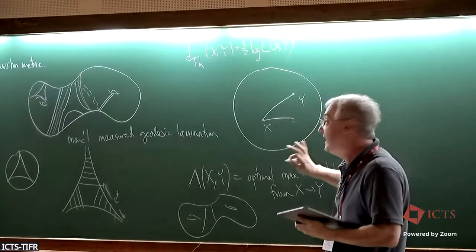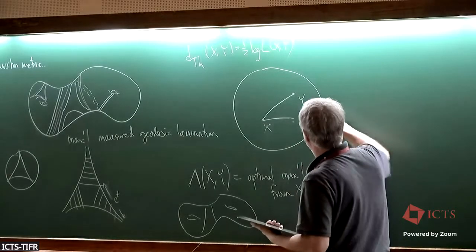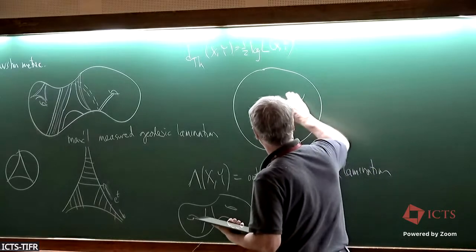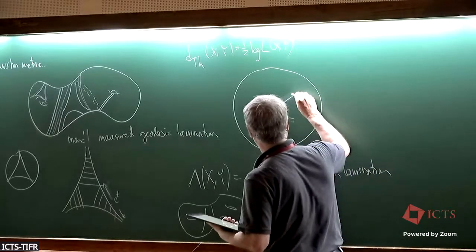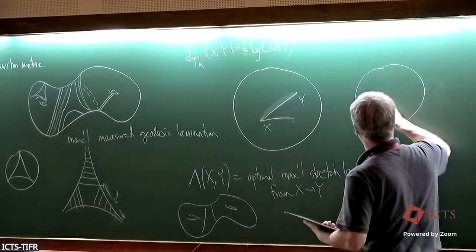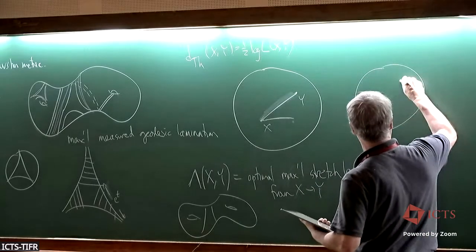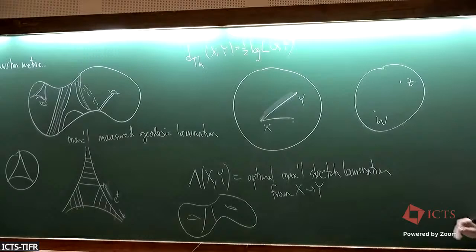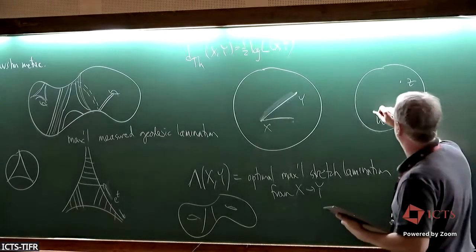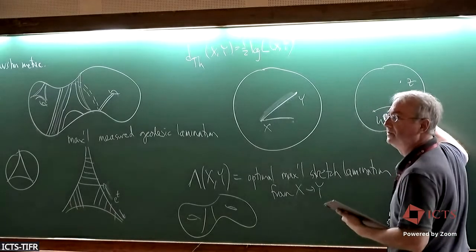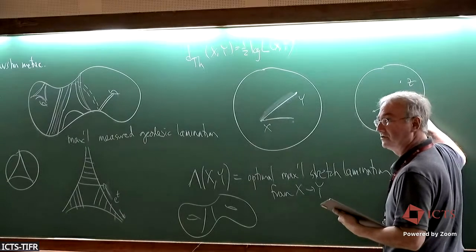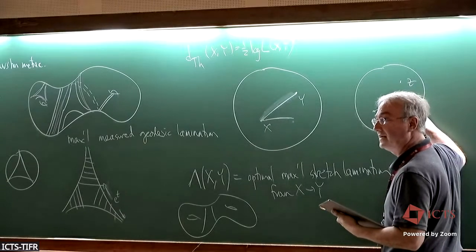This will allow me, if I want to get from W to Z, that's somehow a different picture. Now, I proceed along a maximal lamination by stretching these ideal triangles for a while, that's a geodesic.